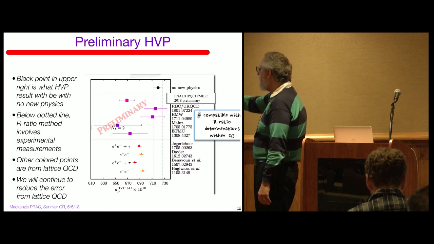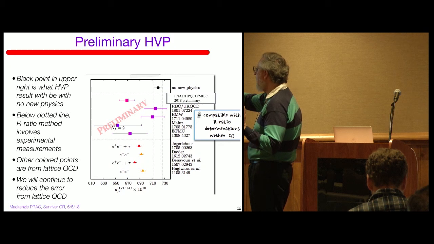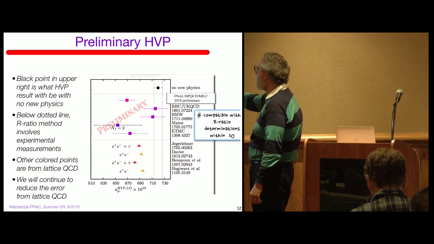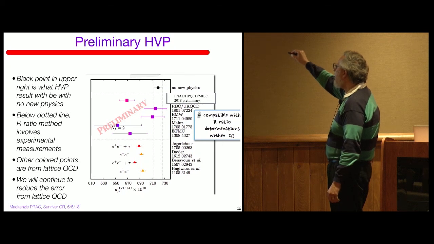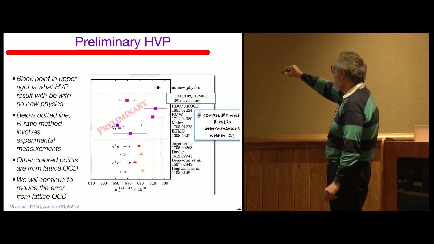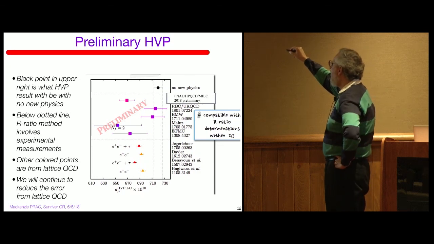So what we have here is the value of the hadronic vacuum polarization. Again, this is one part. It's the part with the biggest error in the calculation. This point is what the value would have to be based on the experimental value if there's no new physics. So the hadronic vacuum polarization would have to be this. And the real question is, is there new physics?